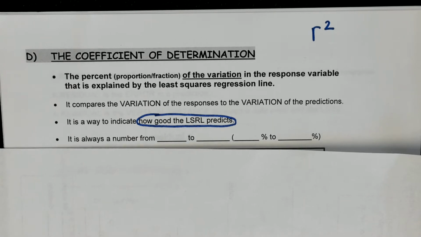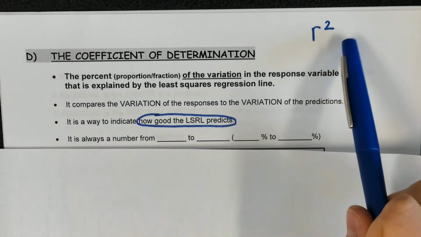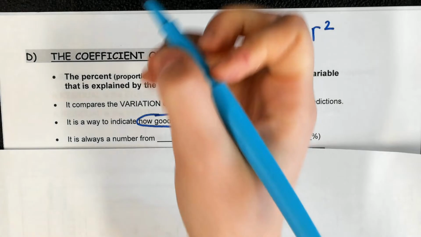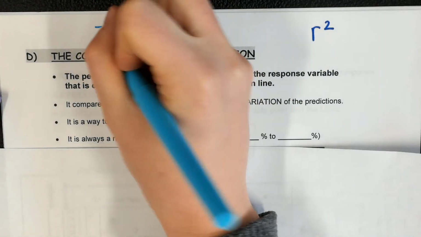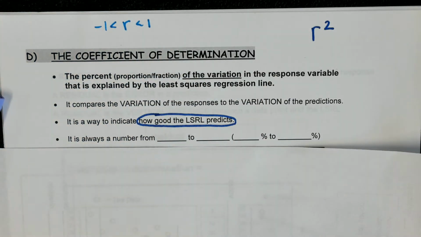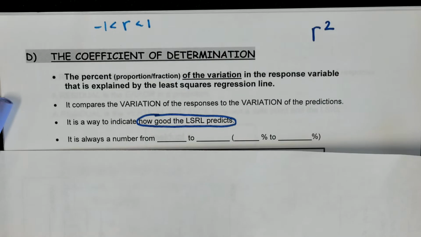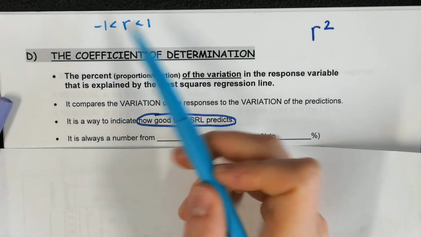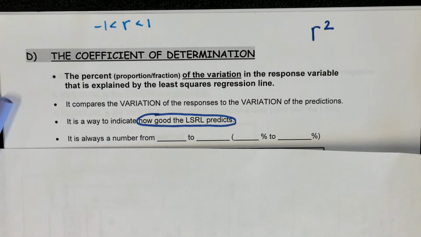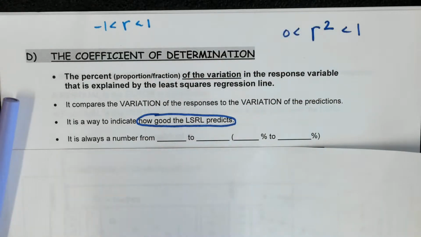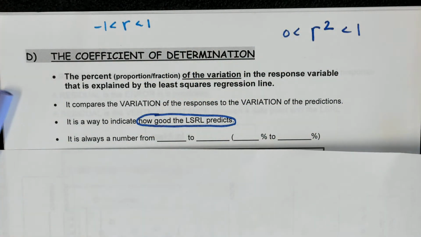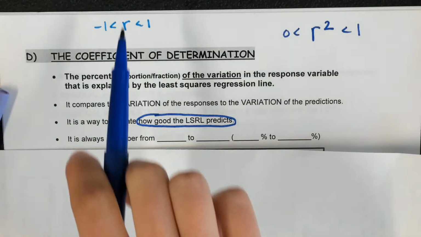Now, r was a value between -1 and 1, do you remember that? So now if we square any of these values, our r squared is going to be a value anywhere between 0 and 1, because if we square any of these, they all become positive or 0.